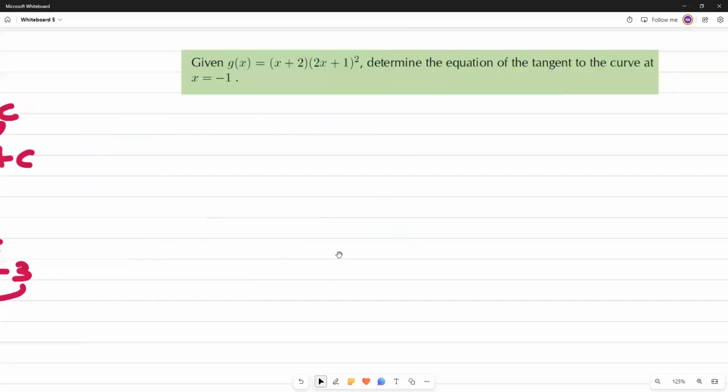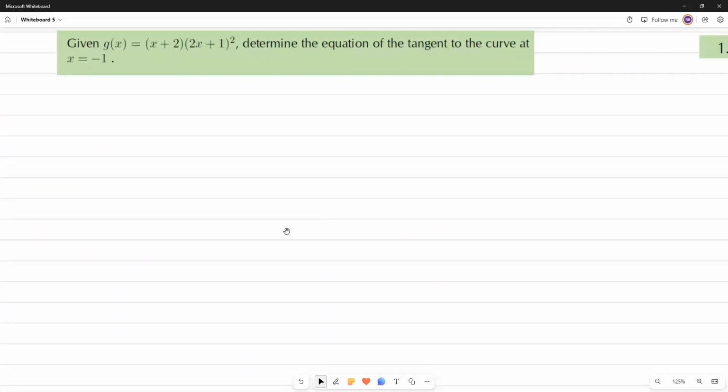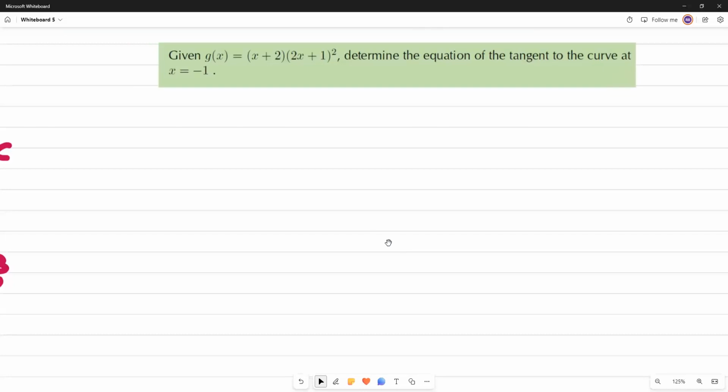Okay, so let's do the second one. In this one, they say we are given this function. We need to determine the equation of the tangent again. That shouldn't be an issue. We know that they're asking us to get y equals mx plus c.